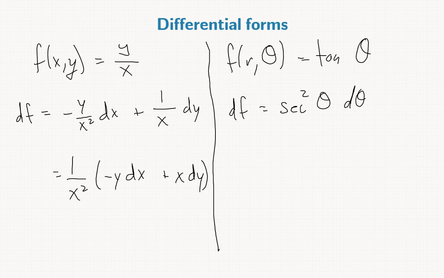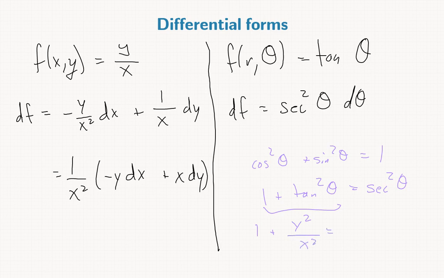So to compare these, first remember, I'll do this in a separate color, we always have cos squared theta plus sine squared theta equal to 1. And so if we divide, that will give us 1 plus tan squared theta equals sec squared theta. Now, tan theta is y over x, so this is 1 plus y squared over x squared, which is x squared plus y squared over x squared.